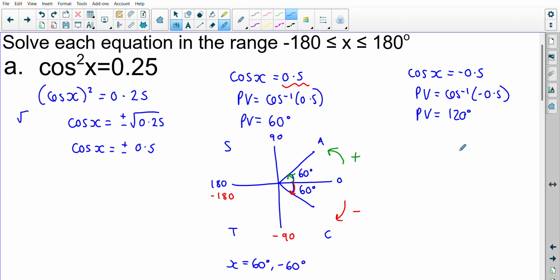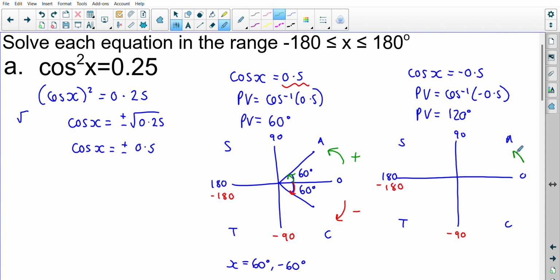And then another CAST diagram here. I always recommend two separate CAST diagrams because you've got different angles as well. Still going between the same range. This time I've got a minus 0.5, so where is cos negative? Here and here.